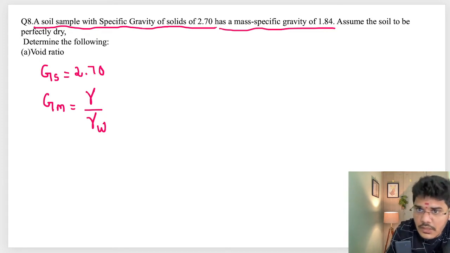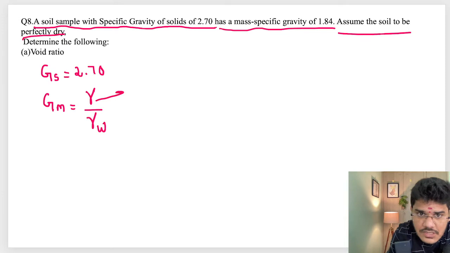So and also assume the soil to be perfectly dry. Perfectly dry means here what has to be considered? Dry unit weight of the soil has to be considered.